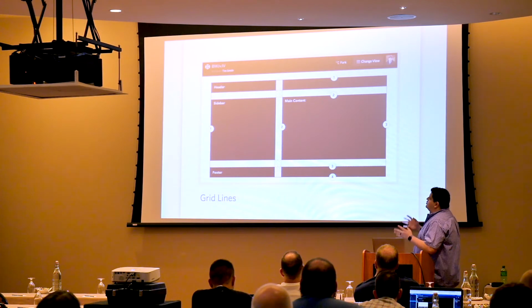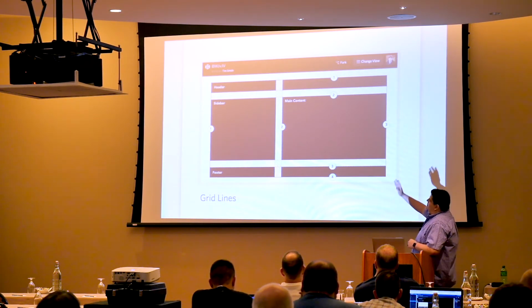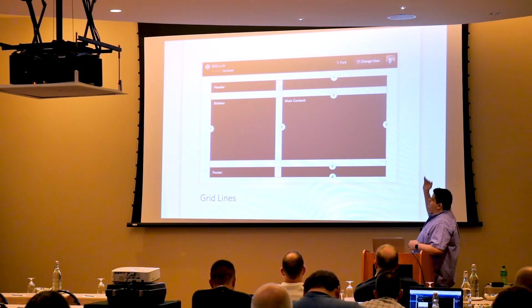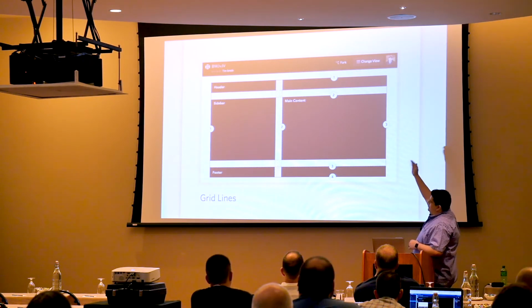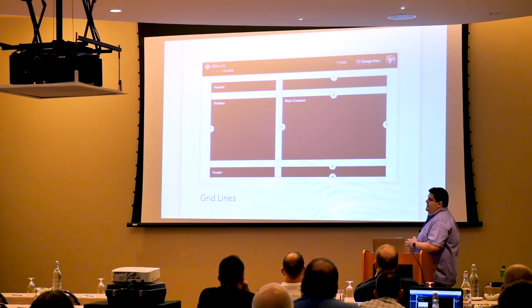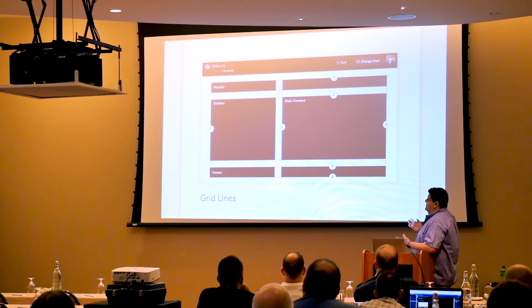So here we have 2 columns, but we have 3 grid lines, starting at the beginning of sidebar, at the beginning of main content, and then 1 at the end. In terms of rows, we have 1 that starts at the header, then at the main content level, then again at the footer, and then 1 at the end of the footer. And these grid lines allow you to place items wherever you'd like, basically.